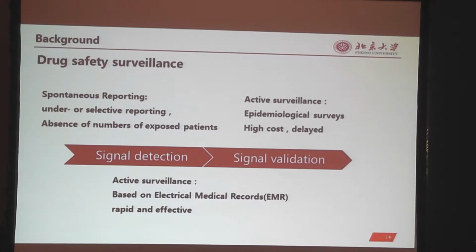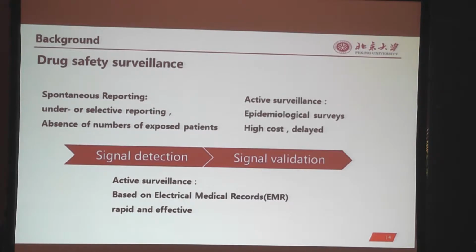It works well for rare and acute adverse drug reactions, but it also suffers from some limitations such as under or selective reporting, or absence of the actual numbers of the exposed patients. That can potentially hamper or delay the identification of these safety signals.